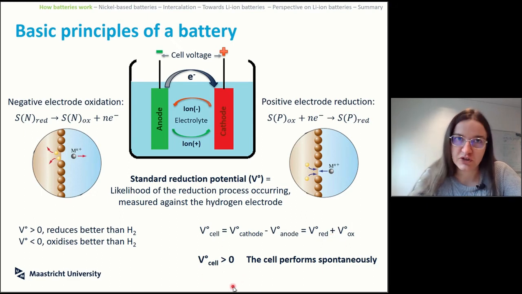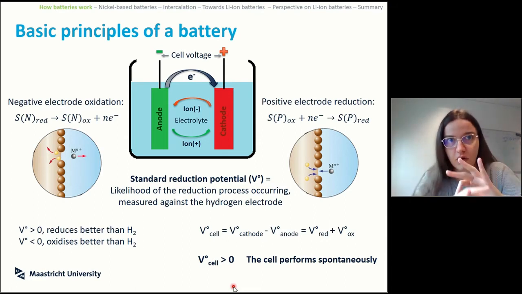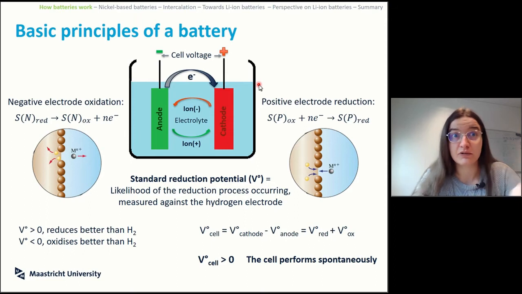If this potential is positive, it means that your cell by itself, the moment you connect all of the materials, so the moment there is something that changes these two, will start popping out electricity, and you won't have to do anything about it. It's a spontaneous process, and that's it.